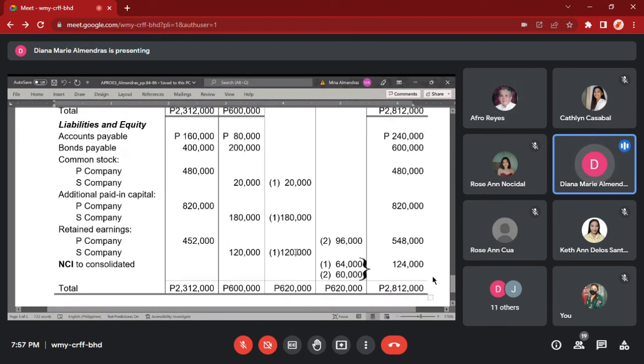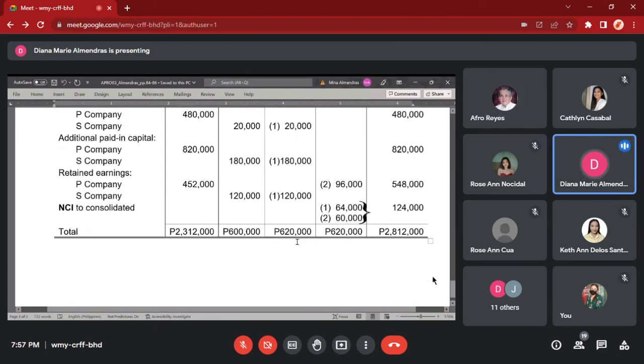NCI to consolidated, adjustment increase of 64,000 and 60,000. The consolidated is 124,000. Total liabilities and equity of P Company 2,312,000 while for S Company is 600,000. The total eliminations and adjustment is 620,000. The consolidated liabilities and equity is 2,812,000. Yan lang po.